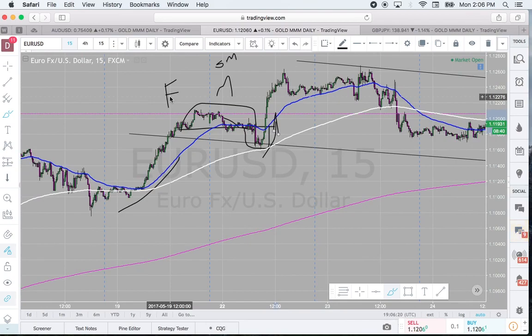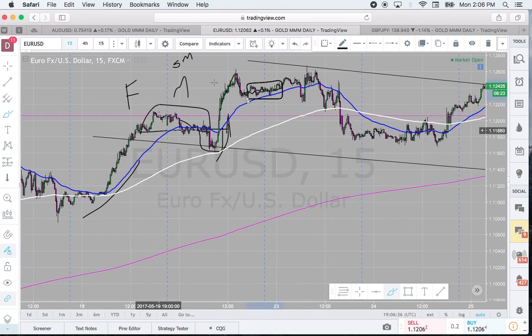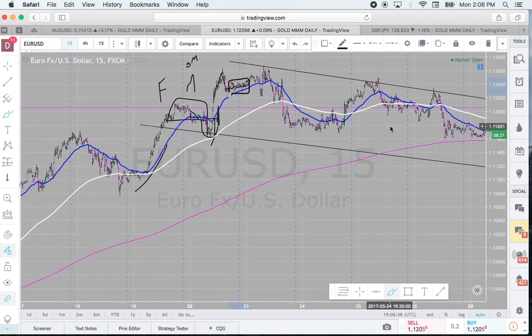This is now Monday, New York session, and then the end and the beginning of Tuesday coming into Wednesday, Monday, Tuesday, Wednesday.